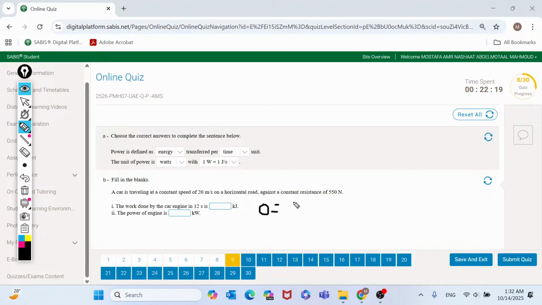the work of the engine plus the work of friction.